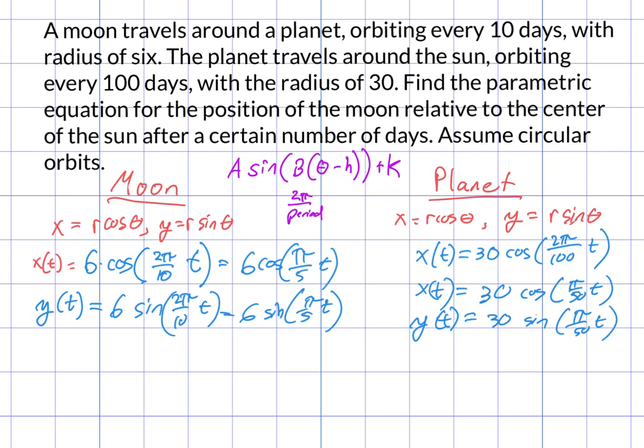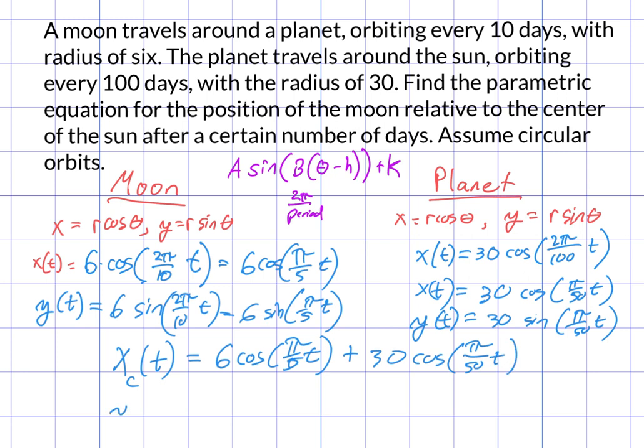And if I want just the relative position of the moon with respect to the sun, that's what it says, find the parametric equation for the position of the moon relative to the center of the sun. That would be the position of the moon and the position of the planet together. And it actually ends up being, I'll call it x of t combined, the sum of the two: 6 cosine of pi fifths t plus 30 cosine pi 50ths t.